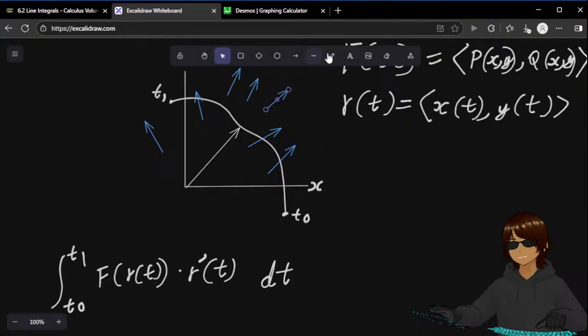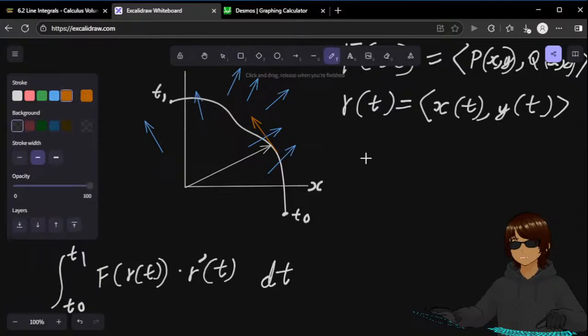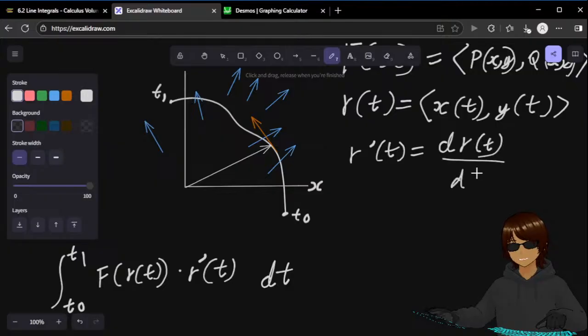So basically what happens is, suppose r(t) is going from here to here, but as it's going, we have a tangent vector over here. This tangent vector is like the change in r(t) for small changes in t, the instantaneous change.